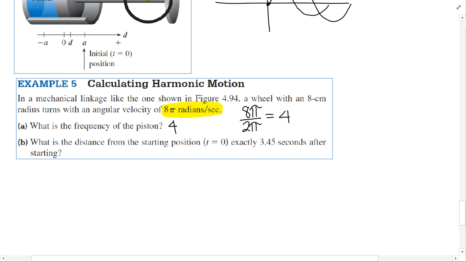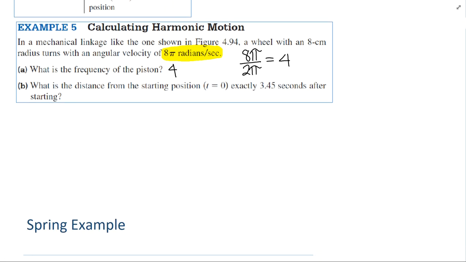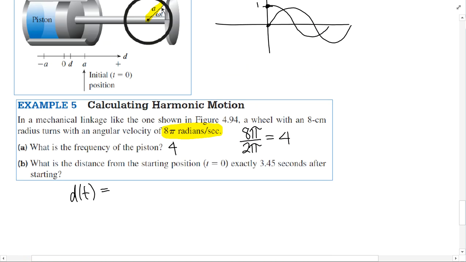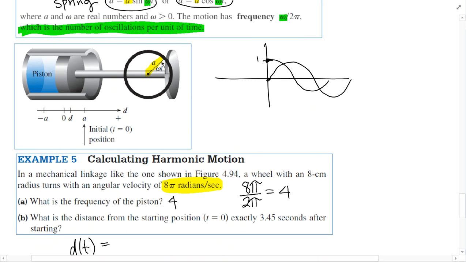Okay, what is the distance from the starting point t0 exactly 3.45 seconds after starting? So the first thing we're going to do is write an equation, d of t, the distance at a given time. We're going to use cosine, where a is the radius, 8. And we need the omega, or w.